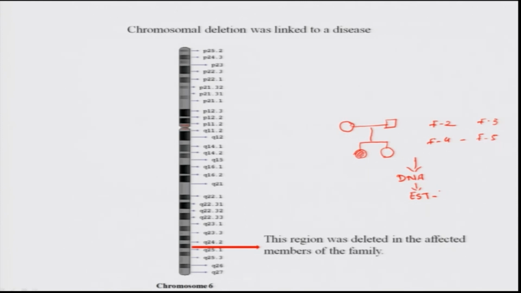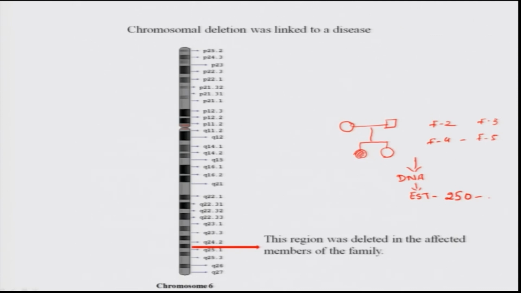So what do the scientists do? They screen for these EST sequences. Approximately 250 EST sequences can cover almost all the autosomes, and from there they try to see which EST is segregating with the disease.